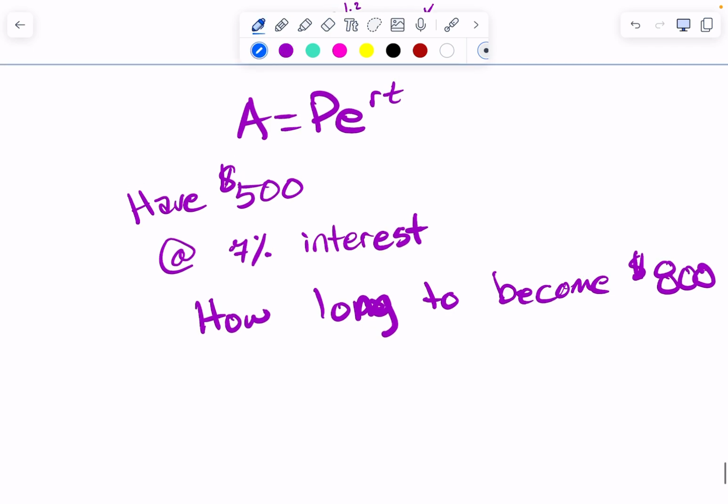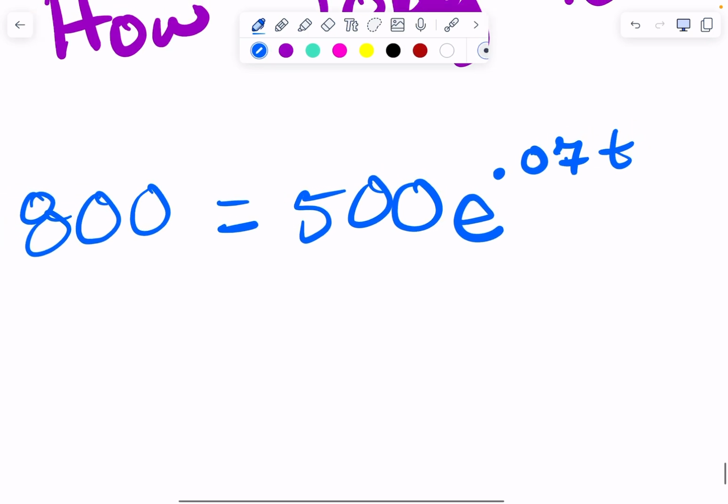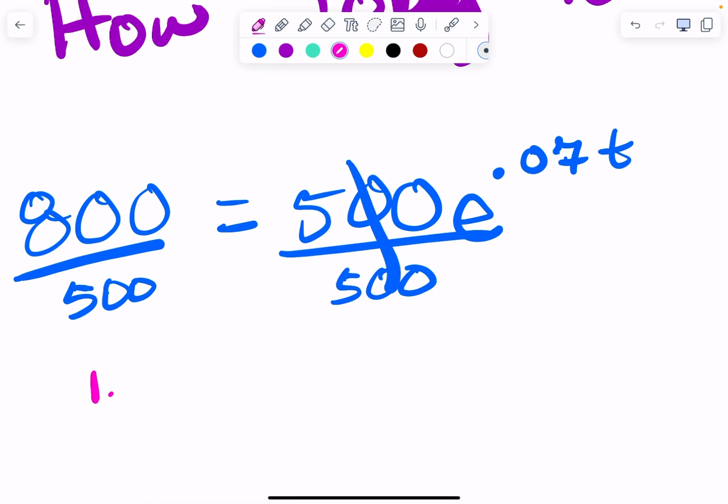Okay, what are we solving for? T. What's A? 800. What's P? 500. What's r? 0.07. And T is what we're solving for. What do we do first? Algebra. Divide by 500, which is 1 3/5, which is 1.6.